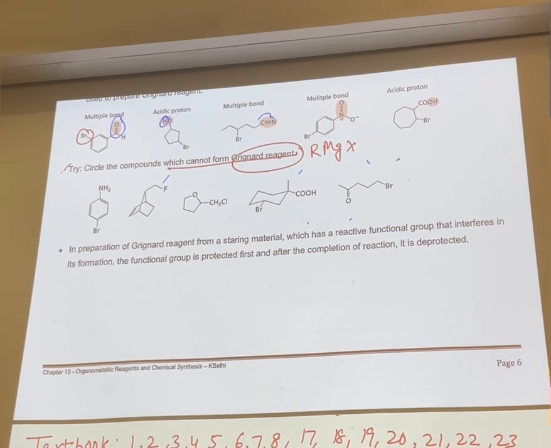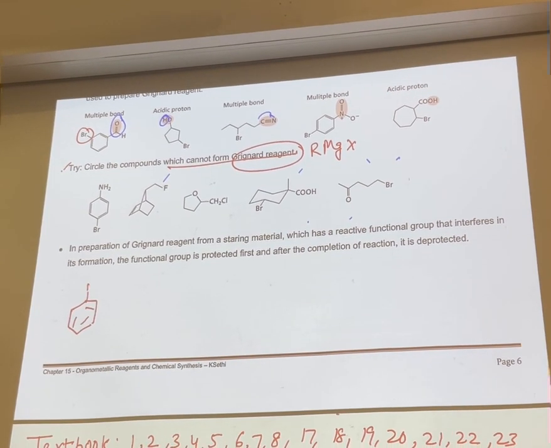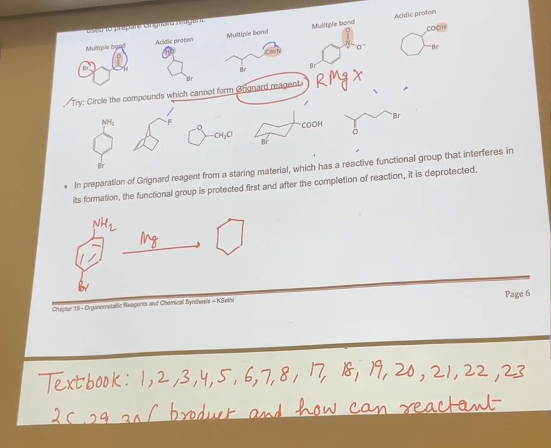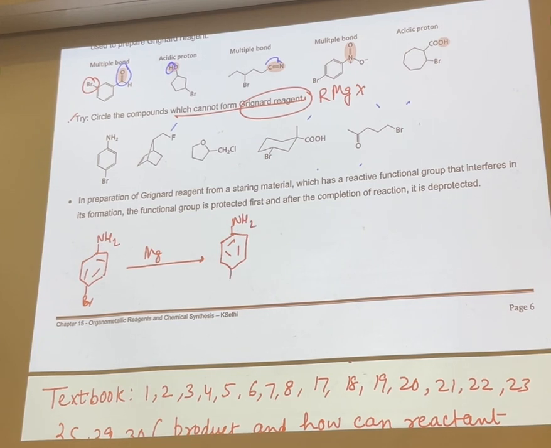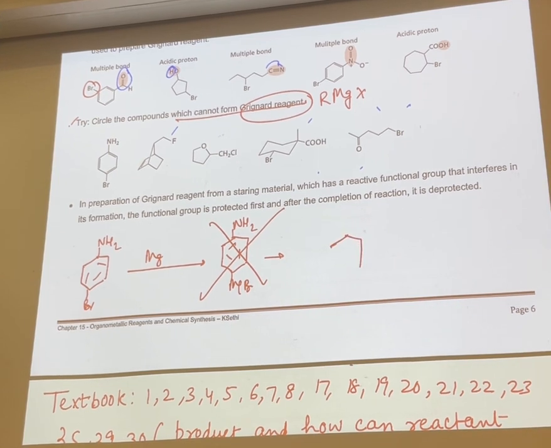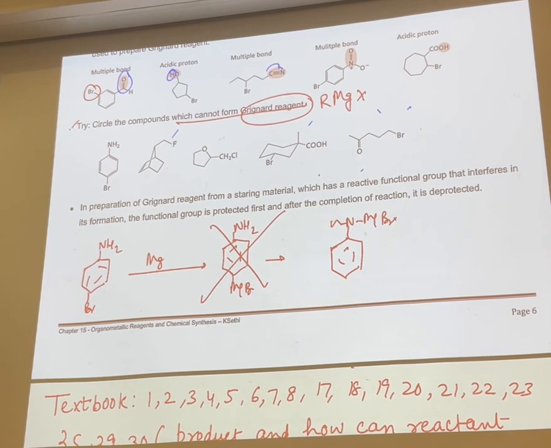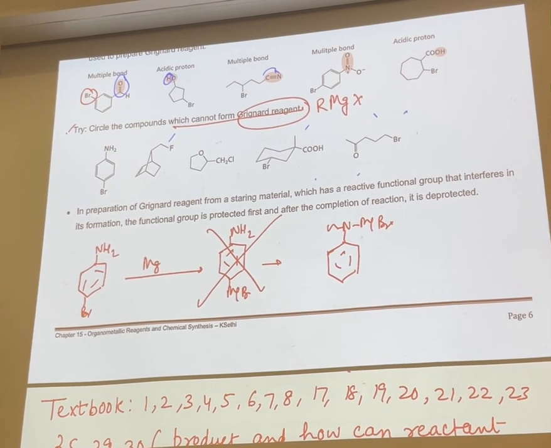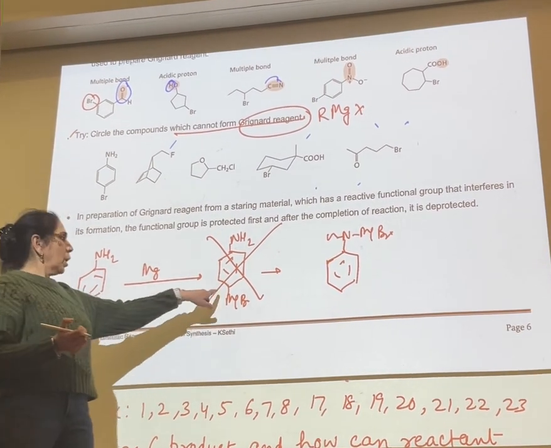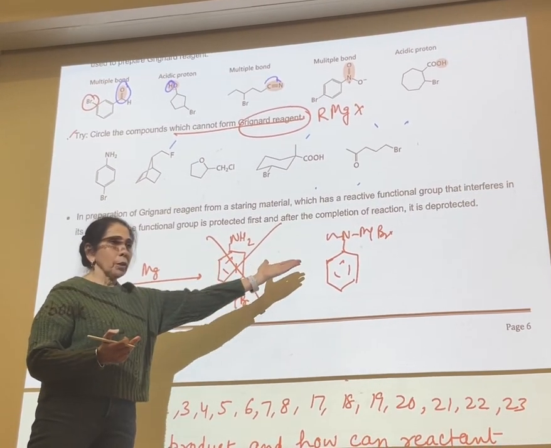I wanted the R to be bonded to Mg. I took this compound, added magnesium to it, and thought it was going to form the MgBr. But what was the product in the reaction mixture? This was not the product. The product was this. An intramolecular reaction occurred: deprotonation occurred, and the carbanion was formed.